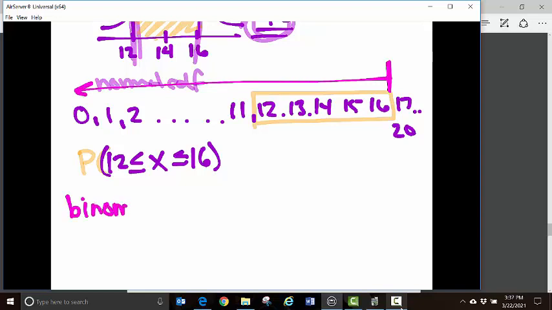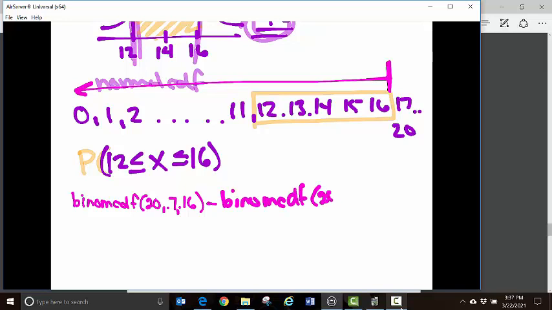Binom CDF out of 20 kids, chance of them passing all their classes is 70%, and we want the probability of 16 of them, minus binom CDF 20, 0.7, comma, what's going to go here, 16 or 15, Oliver?